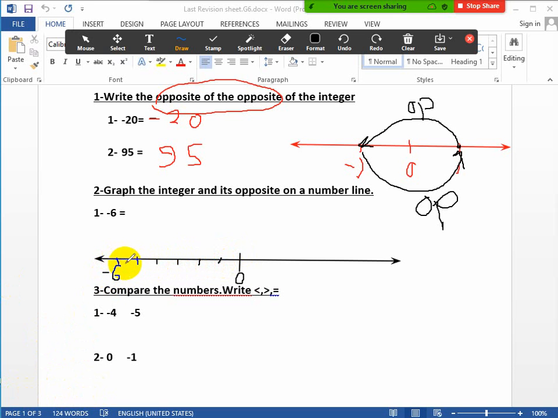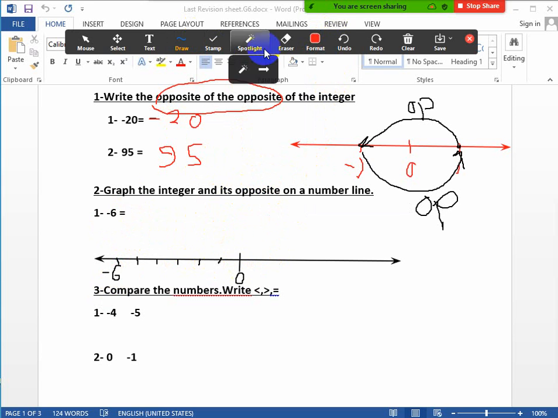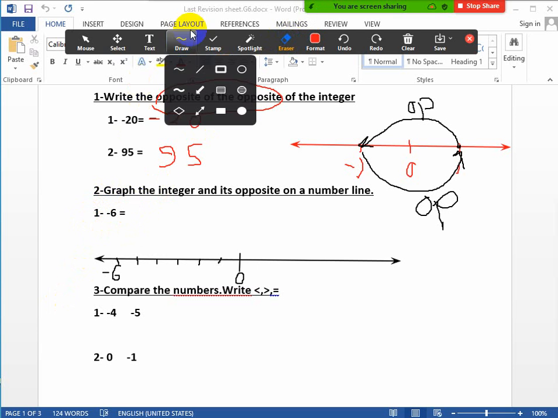What is the opposite of negative 6, Jana? The opposite of negative 6. Yes, I want you to give me the number. What is the opposite of negative 6? Very good. Okay, I will write this positive again.